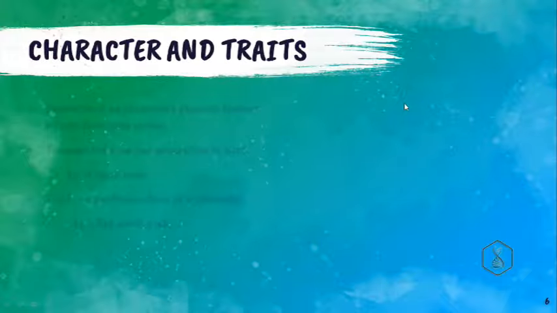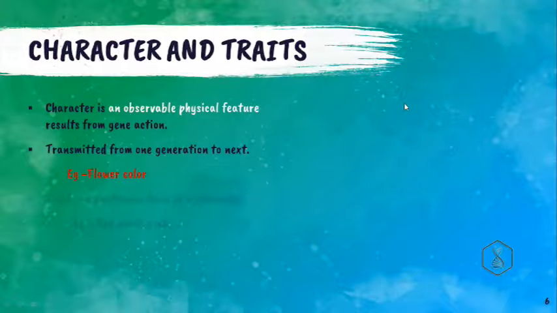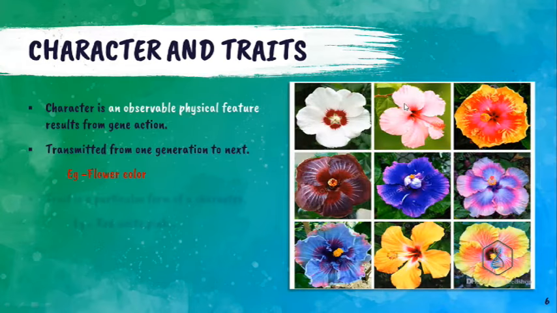What is the difference between character and trait which we use all along genetic concept? A character is an observable physical feature which results from a gene action and which is normally transmitted from one generation to the next. Example for character is flower color. Flower color is considered to be a character, whereas a trait is a particular form of a character.